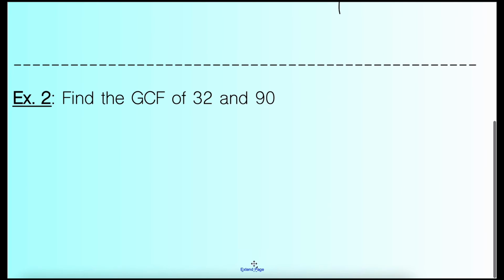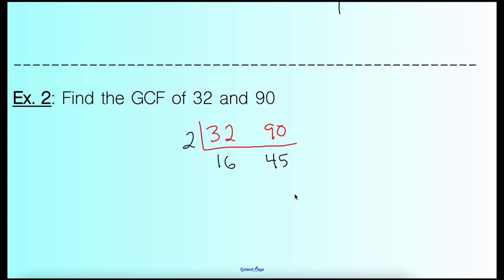We'll do 32 and 90. So I'm going to start by asking myself, is there anything that can go into both 32 and 90? And I know that since these are both even numbers, I could divide them both by 2. 32 divided by 2 is 16, and 90 divided by 2 is 45. All right, we're at a point. Can anything go into 16 and 45?